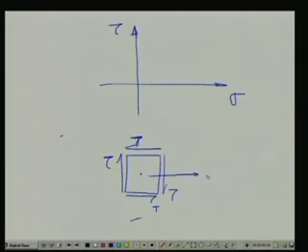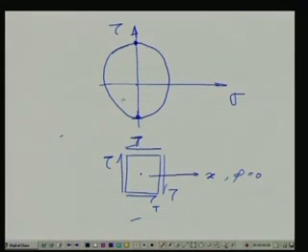This is the x plane, or what we consider phi equals 0. So, here we see only shear stress. If we plot a shear stress at this point and construct a circle, so this is the center of the circle, then we find that this comes out to be the Mohr circle.